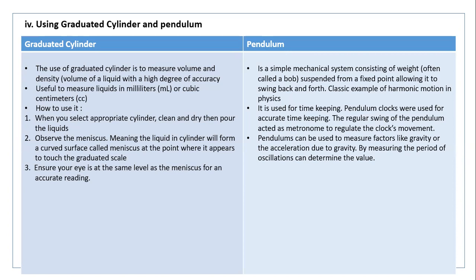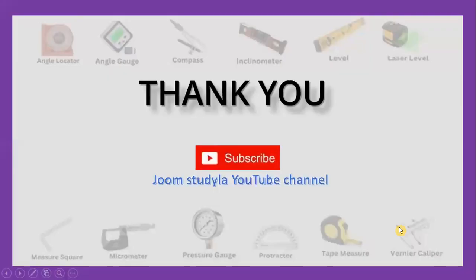The regular swing of the pendulum acts as a metronome to regulate the clock's movement. Pendulums can also be used to measure factors like gravity, or the acceleration due to gravity, by measuring the period of oscillations.